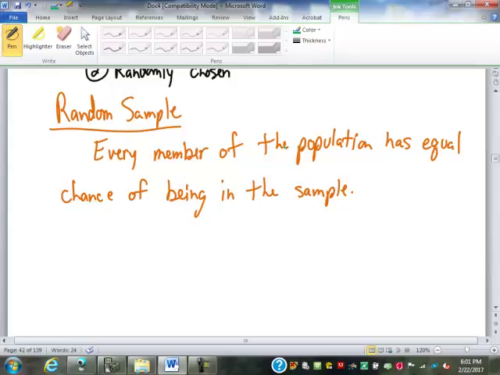So now we're going to look at some processes for randomly choosing. The best process, the best type of sample, is something called a simple random sample.